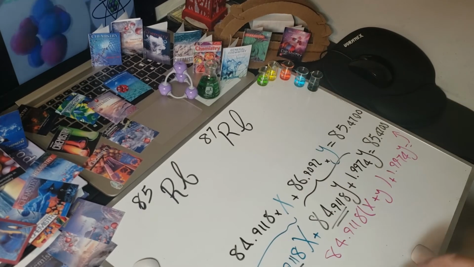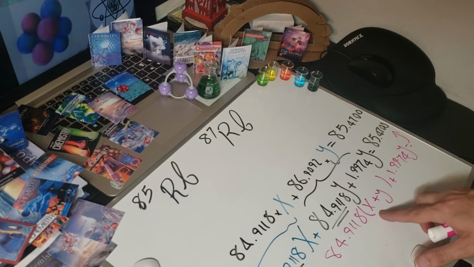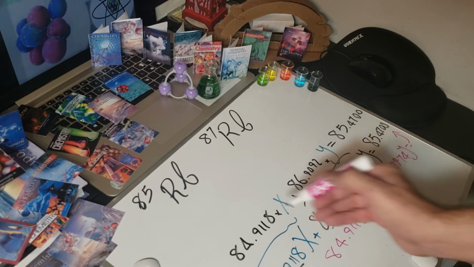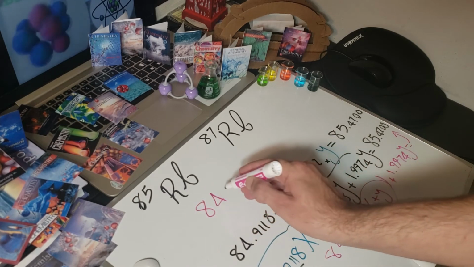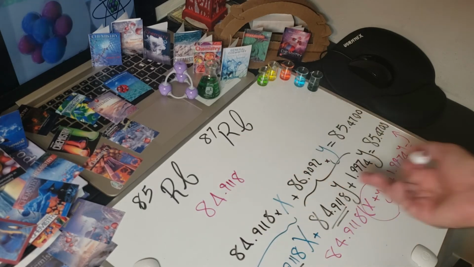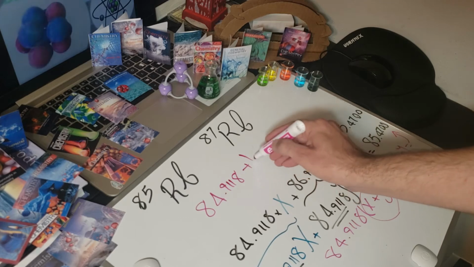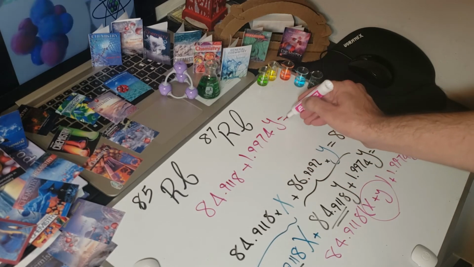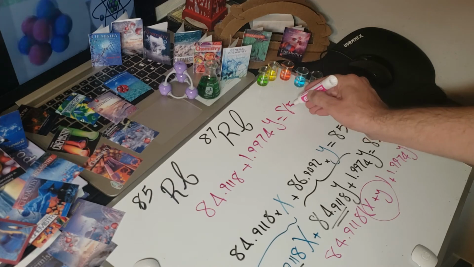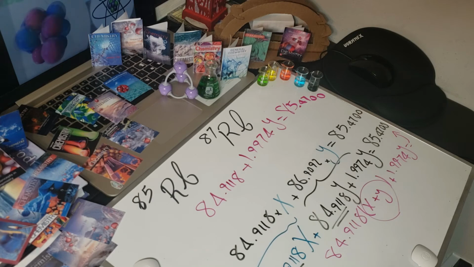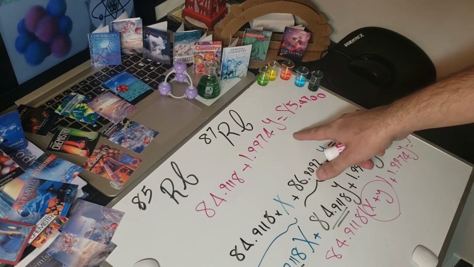So I used the relationship of x plus y equal to 1 to make this simpler, and that would be just 84.9118 times 1, which is itself, plus 1.9974y equal to 85.4700. And now you have only y in the equation.